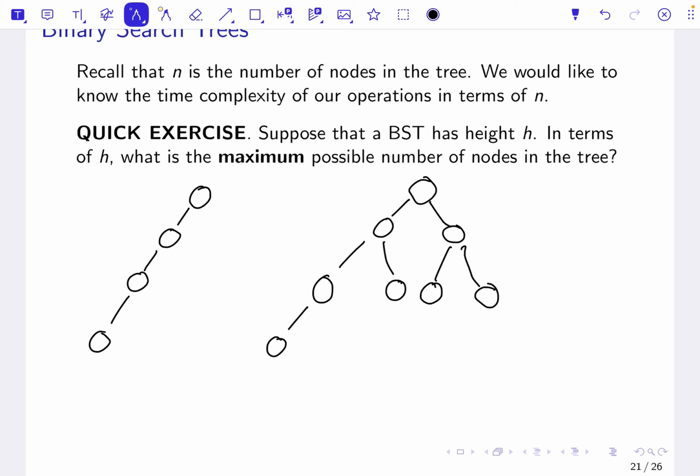When considering data structures and also algorithms, we almost always want to compute time complexity in terms of the number of things in the data structure, or the size of the data structure, or number of things in the data structure that's passed to the algorithm. So saying that it's O of H hides a bunch of information.